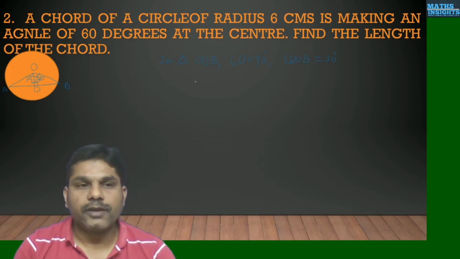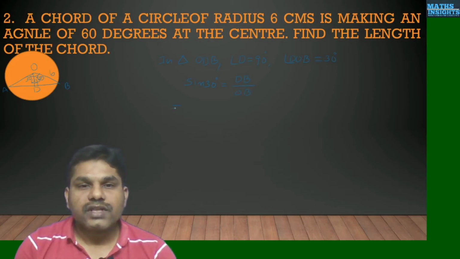Now I will apply a trigonometric ratio. They have given the radius is 6, so this will become 6 centimeters here. So we have to take a trigonometric ratio which involves the hypotenuse as well as the side opposite to 30. If you remember, that is nothing but sine theta. Therefore sine 30 degrees is equal to the side opposite to 30, DB, by the hypotenuse OB.